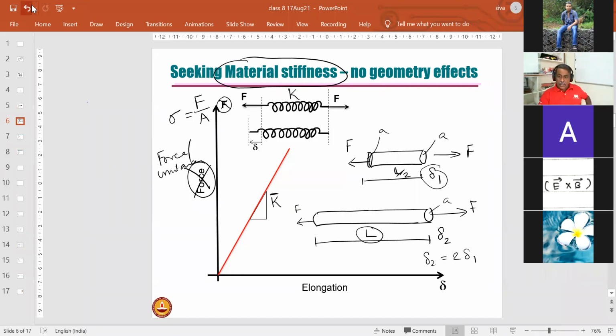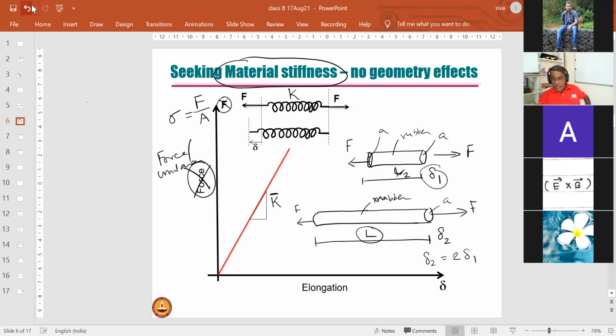But that means elongation seems to be varying with the same material. This is the same material. Let's say this is rubber. This is also rubber. So I don't want it to change. I want this deflection to be the same as this deflection. What should I do? It is difficult for me to have these two elongations to be the same.